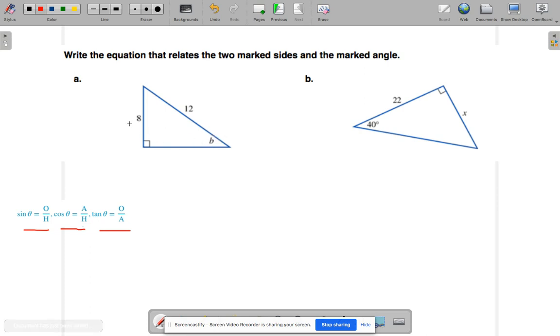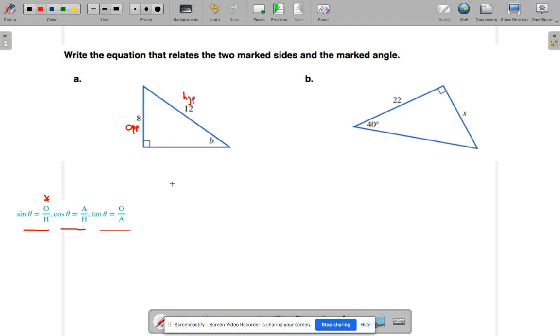And we're given the opposite, so OPP. And we're also given the hypotenuse, which is 12. So because we've got opposite and hypotenuse, we look through the three ratios and see which one involves opposite and hypotenuse. And straight away I can see that sine involves opposite and hypotenuse.